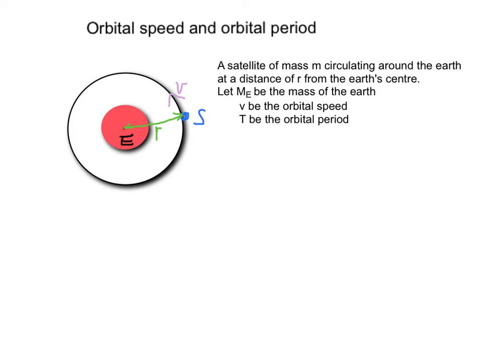Now let's go through orbital speed v and orbital period T. Consider a satellite of mass m circulating around the Earth at a distance of r from the Earth's center. Let M be the mass of the Earth, v be the orbital speed, and T be the orbital period.